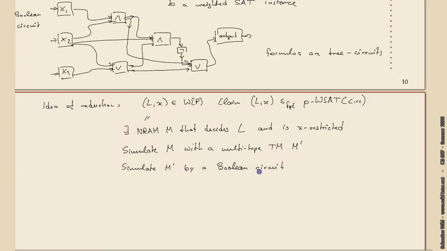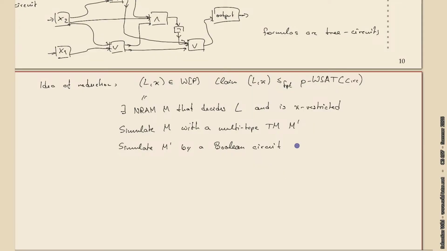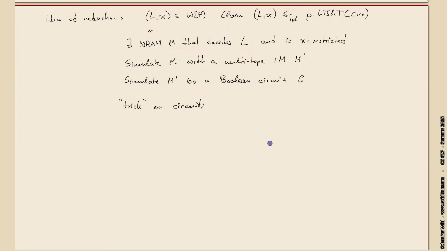That's a similar construction as for the proof of the Cook-Levin theorem. And then comes the trick on circuits, which makes the whole point about circuits necessary. We can find the circuit D so that C is satisfiable if and only if D is satisfiable with weight K.